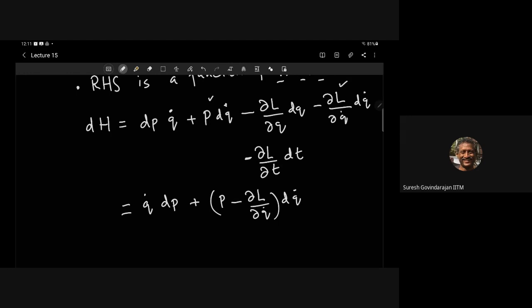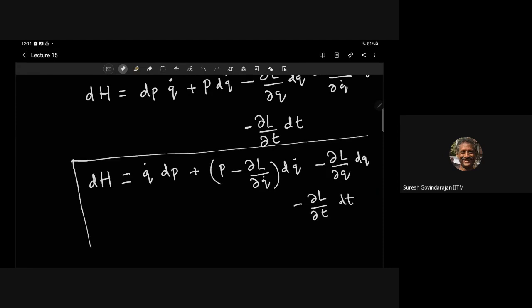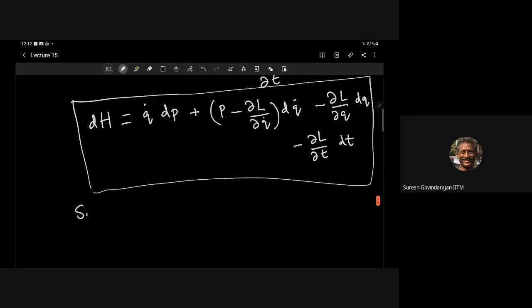And now the other terms are just the usual, minus dL by dq dq minus dL by dt dt. Nothing deep about this formula. So what this says is that if you make changes in p, q dot, q and t, you get these terms. But something special, or interesting, happens.